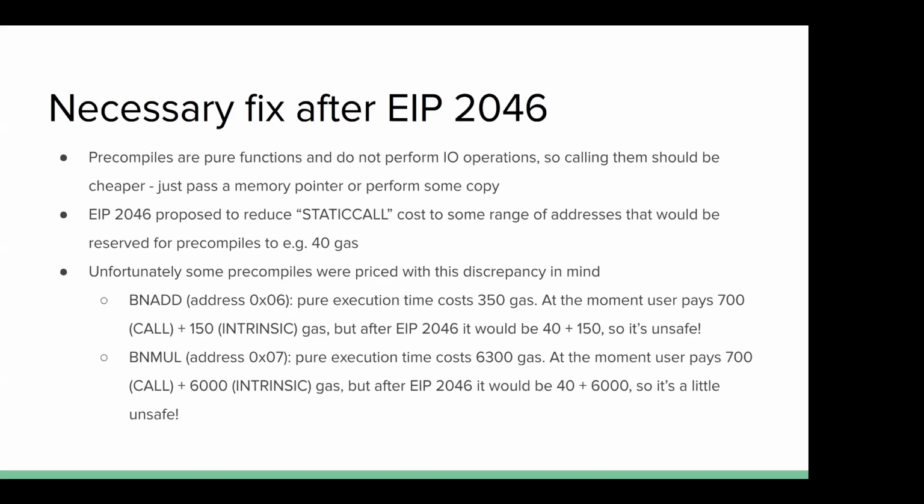Yep. And the reason why there's hesitation to do this immediately is the DOS vector, or denial of service. If we price a precompile or an opcode or anything too low, and someone can call it enough to spam the network and do something bad.